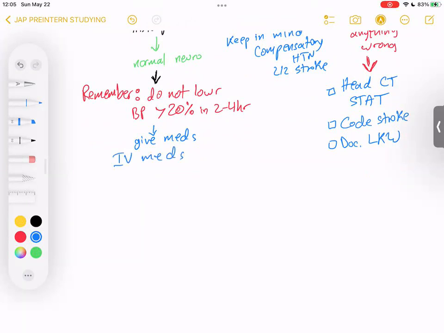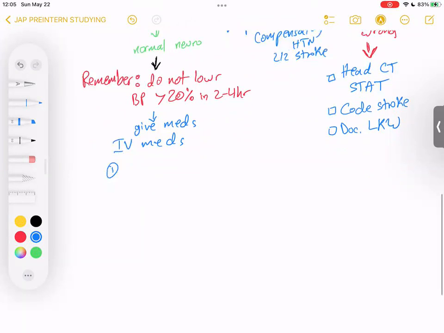What are your options? I mentioned Nicardipine IV infusion. Nicardipine is a calcium channel blocker, right? That's given IV. It's like amlodipine, but the IV form.